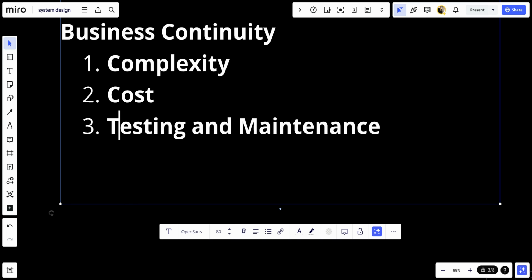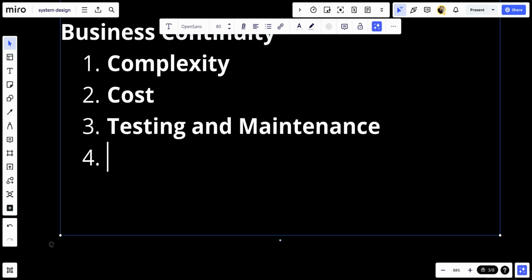Ensuring that failover mechanisms work correctly requires regular testing and maintenance. This can be resource intensive and may require specialized skills. Let's talk about some examples of high availability implementations.